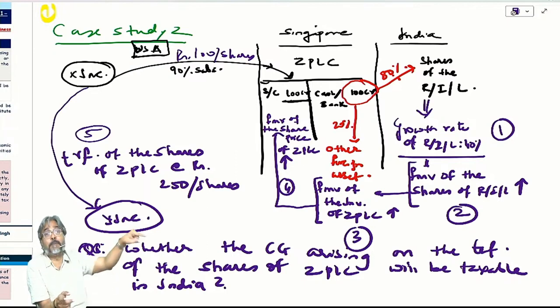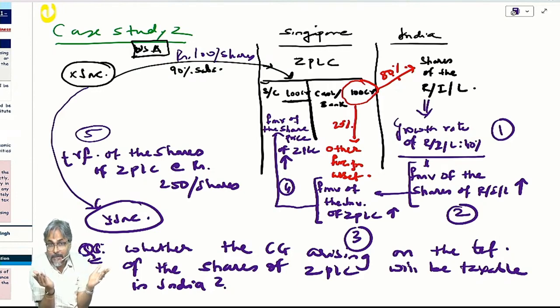So the shares of ZPLC are situated in Singapore. So if the capital gain has to accrue, where does it accrue? In Singapore. And then it is between USA and Singapore. India, you don't interfere in our matter. That is a statement.